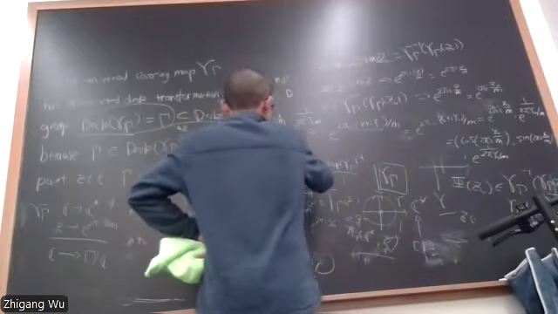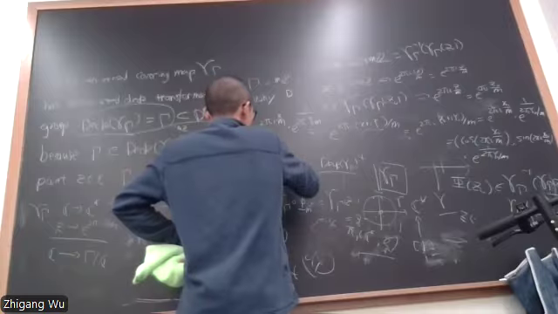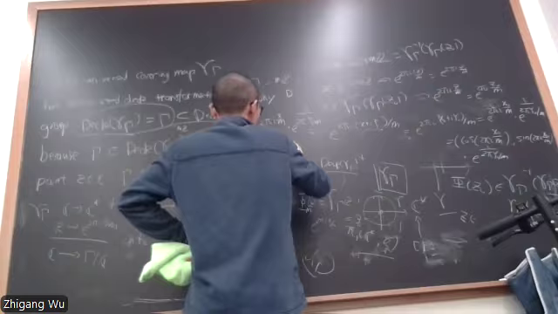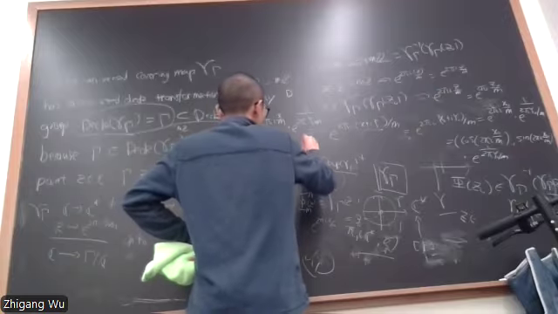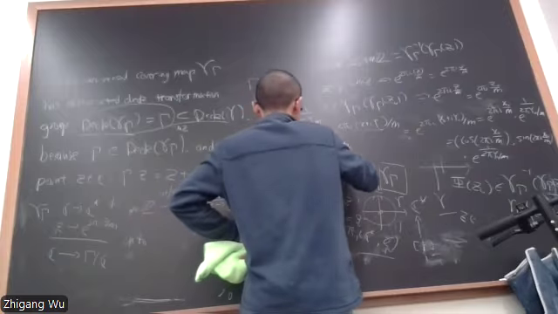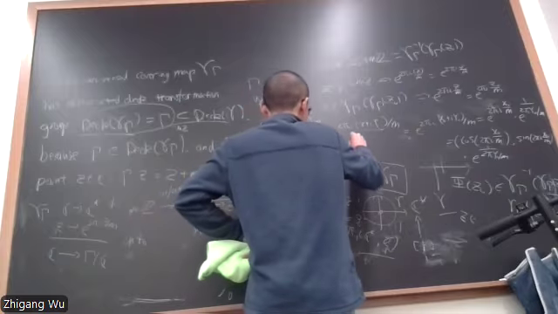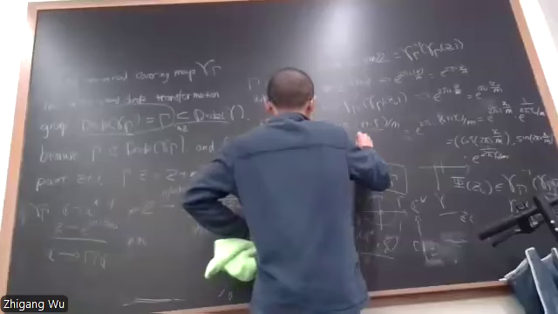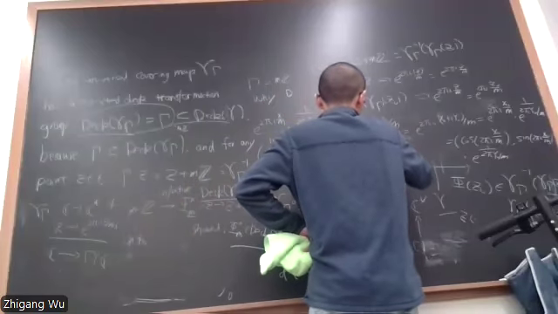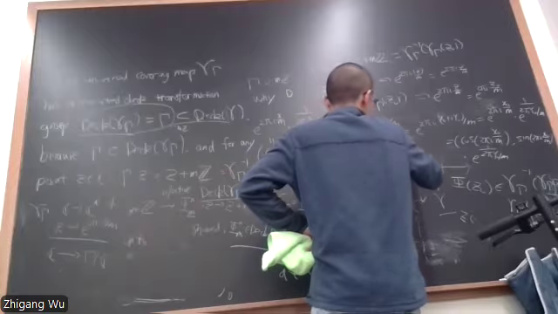And then same thing here. This one is equal to cosine of 2 pi x over m, sine of 2 pi x over m, times 1 over 2 pi 1 over n.